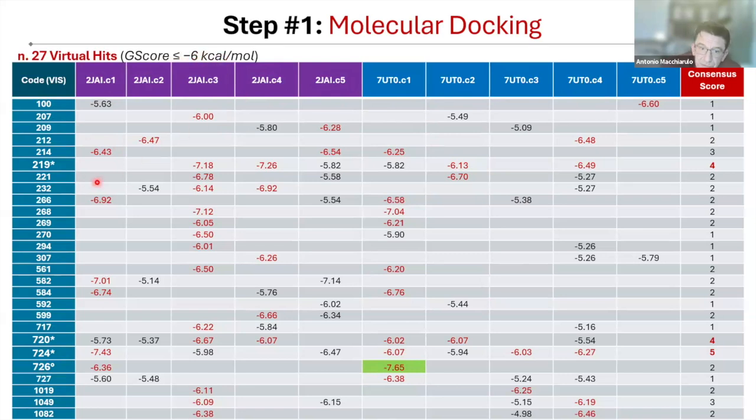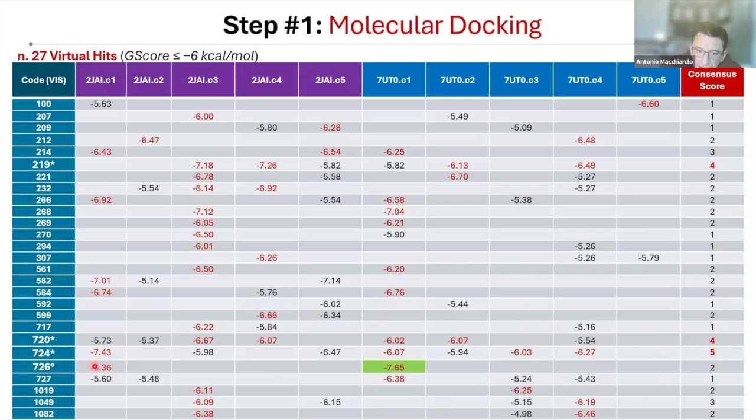Some of them, such as compound 219 or 720 or 724, were able to match this criterion in more than one conformation. For the first two compounds, they were able to match the score of -6 kilocalories per mole in 4 conformations, whereas for compound 724, even in 5 conformations.